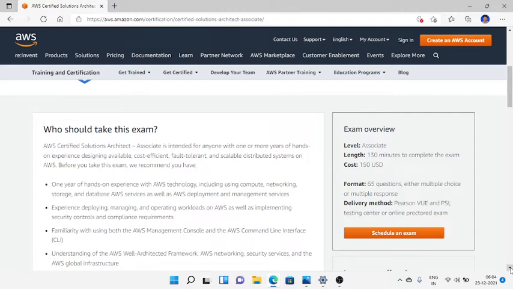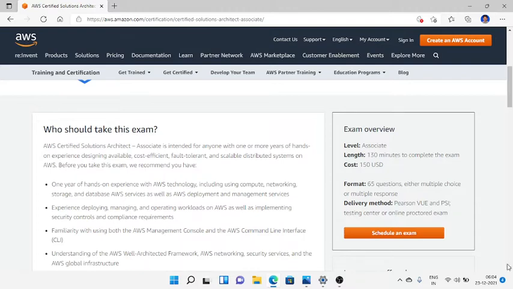These are the 2 different methods to write the exam. The questions are 65, multiple choice or multiple response, the cost is 150 USD, the length of the exam is 130 minutes, and the level is associate level.